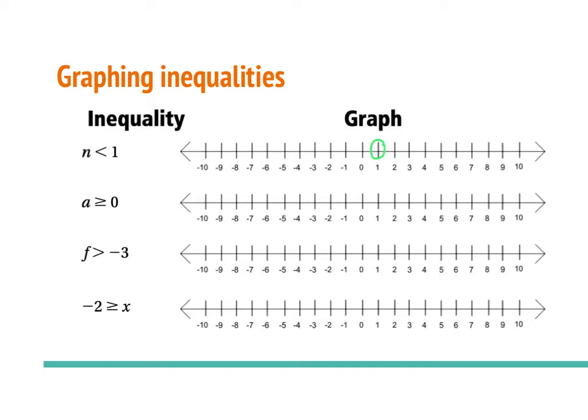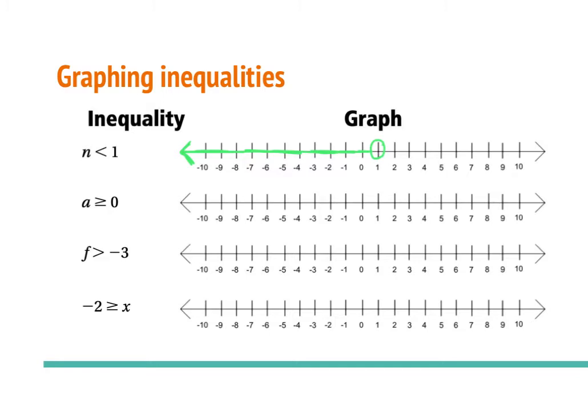And if it says n is less than 1, n can be anything less than 1. It could be 0, it could be -1, it could be -2. So we're just going to fill in the part of the number line that n could possibly be. Now, n could not be 2 because 2 is not less than 1, so we're not going to fill in that side. It's only going to represent the side that the variable could be, okay?